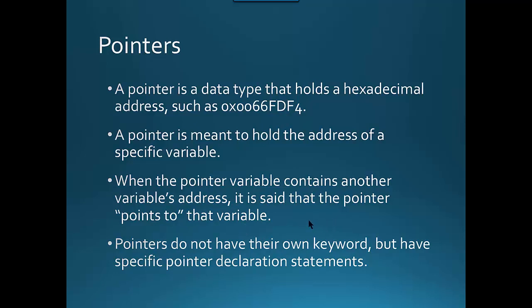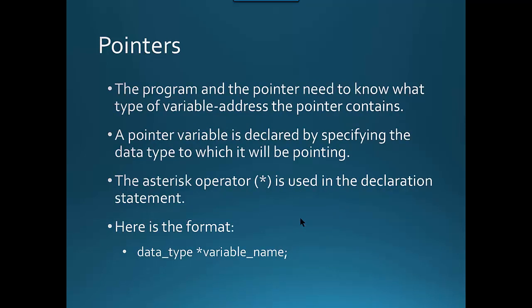Pointers don't have their own keyword, but you have specific declaration statements to say that a variable is going to store a pointer. And the asterisk operator is used to make that declaration. So here's the format. You have your data type, and then you have an asterisk, and then your identifier.